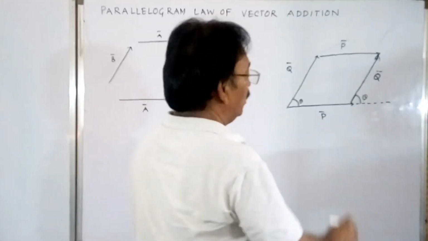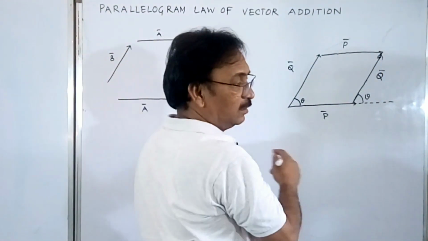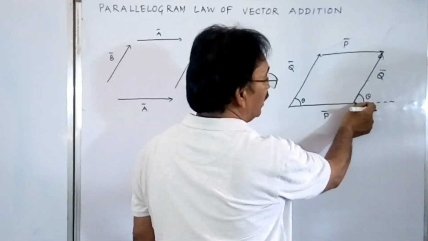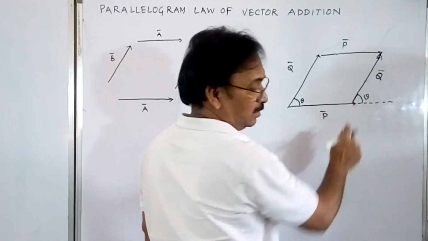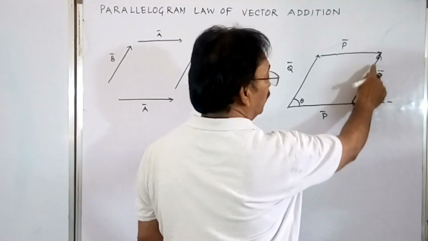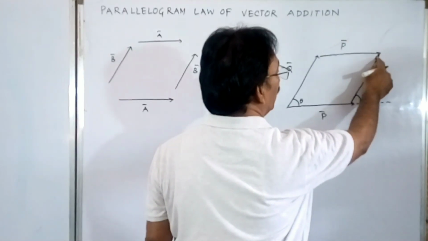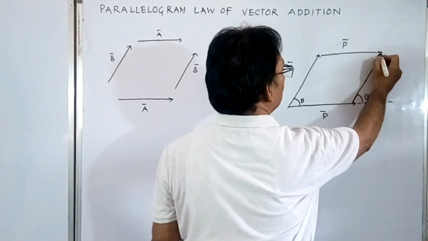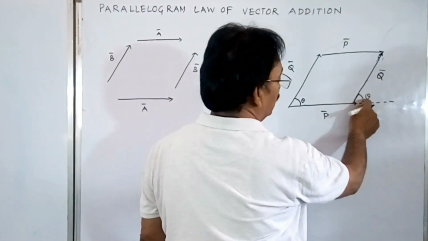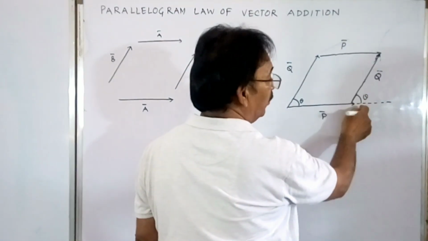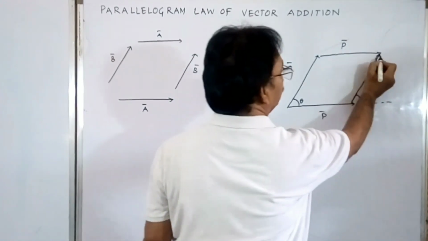When two vectors are added, we have to take the angle as the smallest one. It's not the angle between the two vectors, but it is. Remember, when the two vectors have been added, we have to take the smallest angle between the two. It is the extension of this vector, this angle. We have to consider the angle between the vectors, but not this.